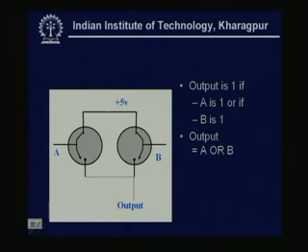How will it behave? So, the output is 1, meaning plus 5 volt, if A is 1 or if B is 1, means if either one of these switches is connected, then it is getting a path.